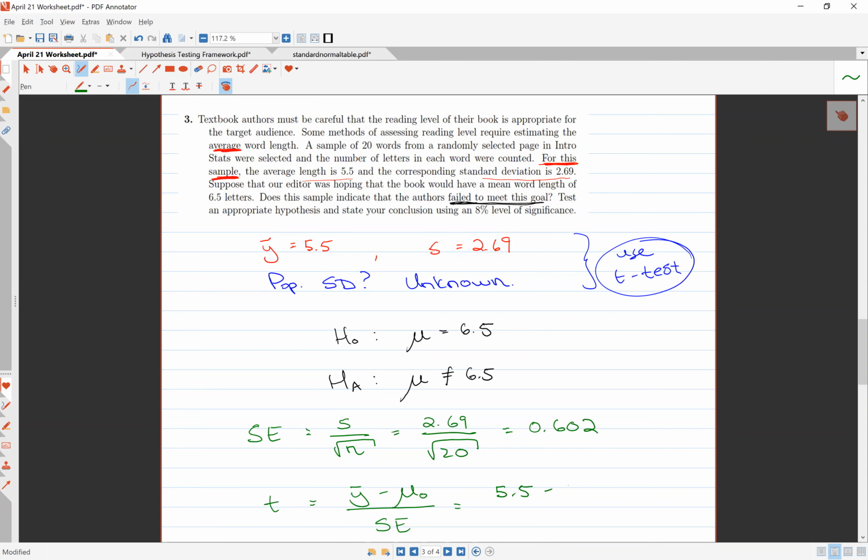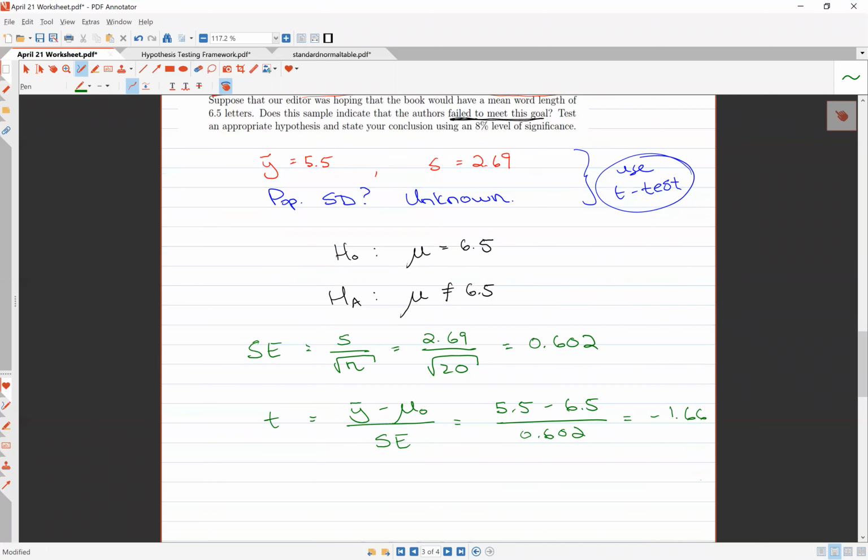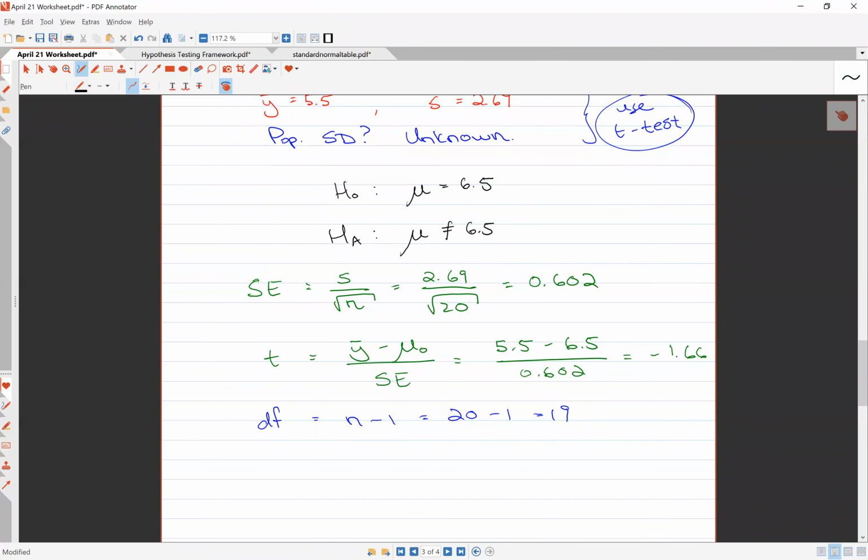So 5.5 minus the hypothesized value of 6.5 over the standard error of 0.602, and that gives us a t-score of negative 1.66. Also, because we're working with t, we need to calculate degrees of freedom. That's just one less than the sample size. But what this tells us now is our reference distribution is a t distribution with 19 degrees of freedom.